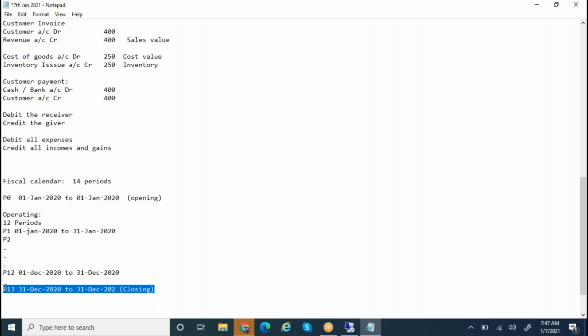The system will take care of this. You are not going to enter any transaction in the opening balance. This is for opening, this is operating. So the same date is available here and here.